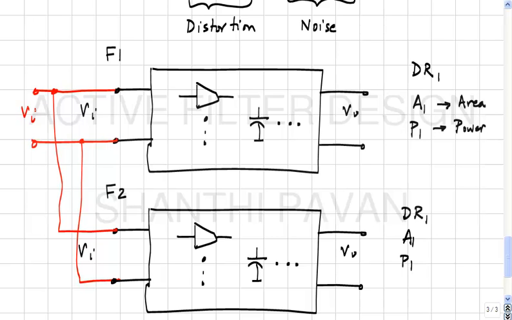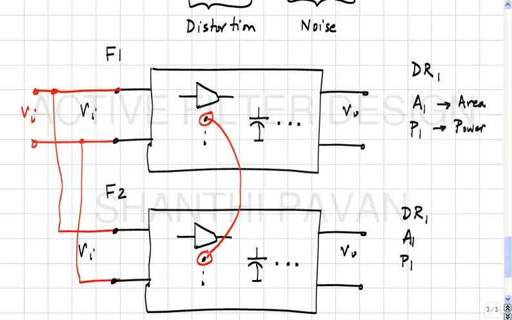Since F2 is a copy and paste version of F1, the potential at a node N1 here will be exactly the same as the potential at node N2 in F2, correct? Which means that if I join these two nodes with a wire, what do you think will happen?